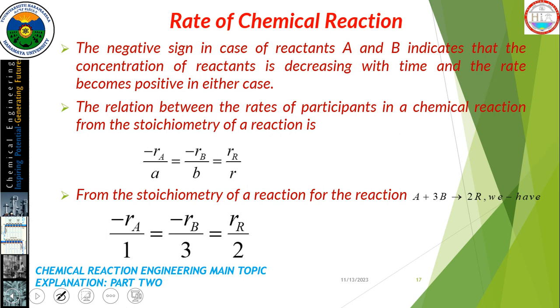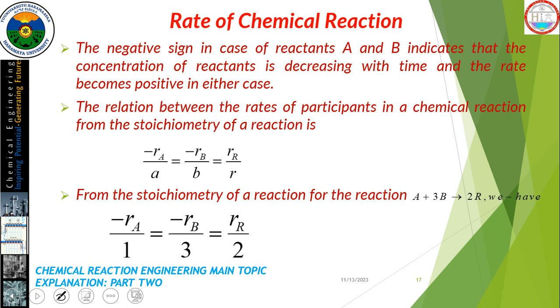So the stoichiometry of the reaction A plus 3B gives us 2R. How can we write it? Rate of A divided by 1, rate of B divided by 3, rate of R divided by 2.